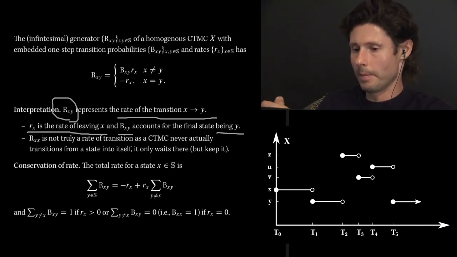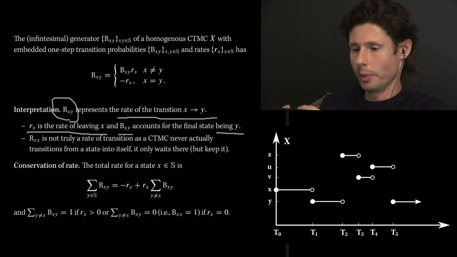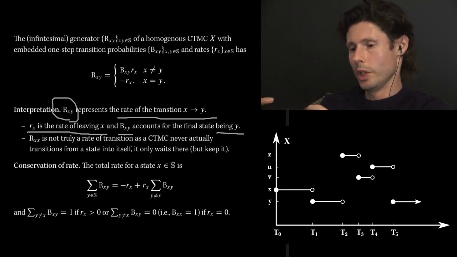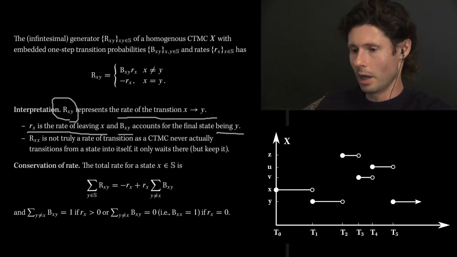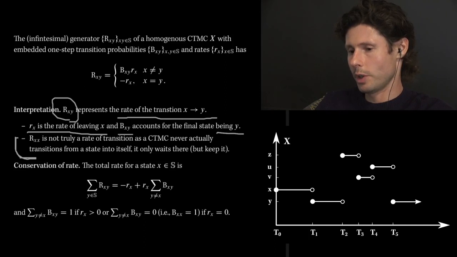So you're taking the total rate of leaving state x, and you're multiplying it by some fraction, which accounts for the likelihood of ending up in state y. And then R_xx doesn't really have an interpretation as a transition, because you're not actually transitioning, hence the entry minus R_x.